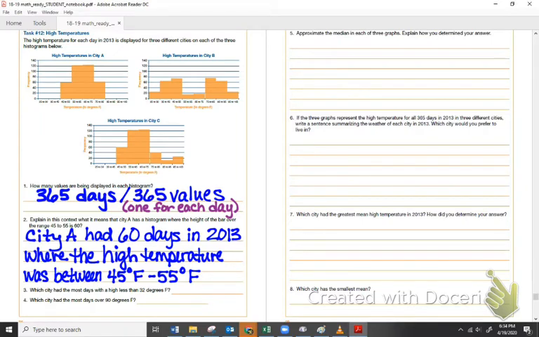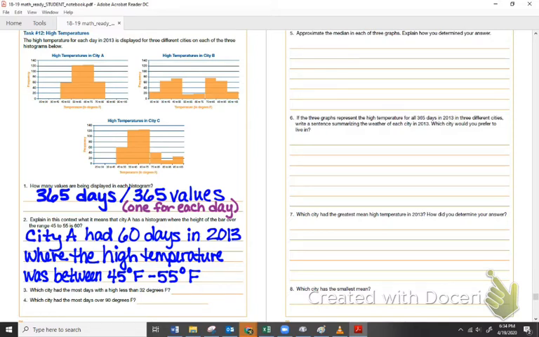Question number 3. Which city had the most days with a high temperature of less than 32 degrees Fahrenheit? Looking at the 3 different histograms, when I look at city A, they didn't have any days with a high temperature below 45, so it's not city A. City B had just over 60 days that were between 35 and 45, so that's still not quite right.